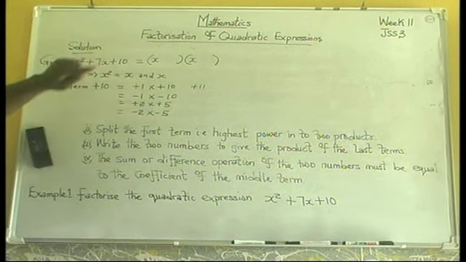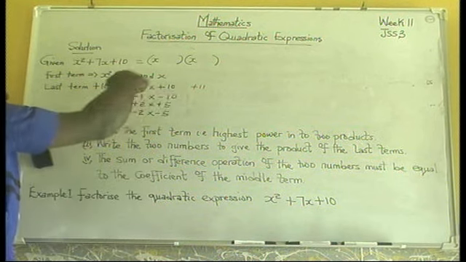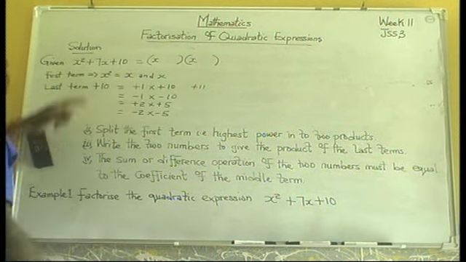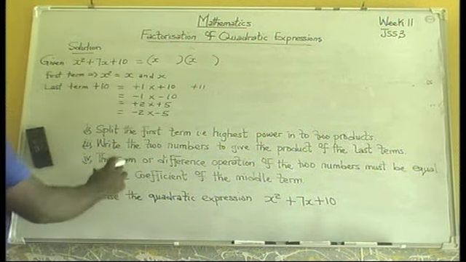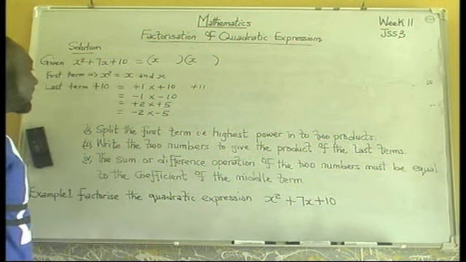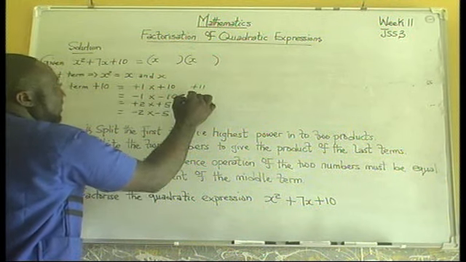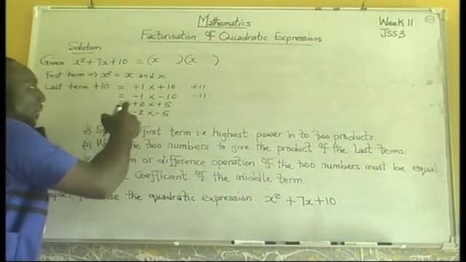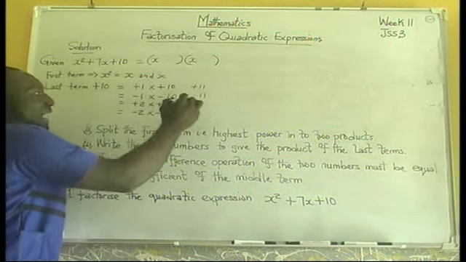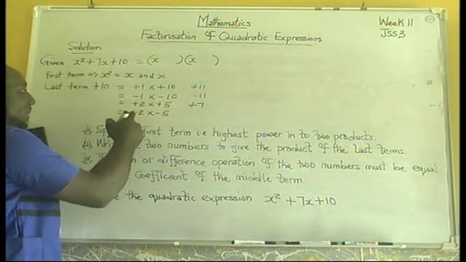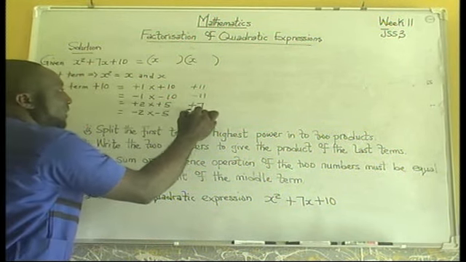The coefficient of x is plus 7. So let's look at which product will give us plus 7 when we sum it or take the difference. Minus 1 minus 10 is minus 11. Plus 2 plus 5 is plus 7. Minus 2 minus 5 is minus 7.